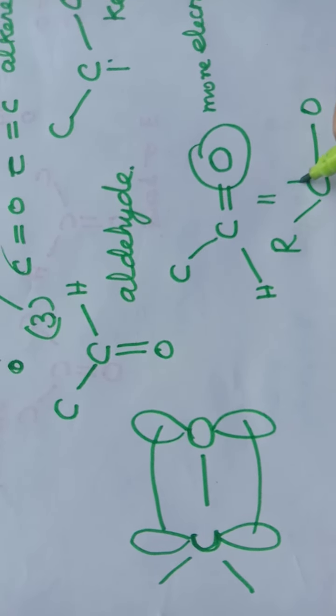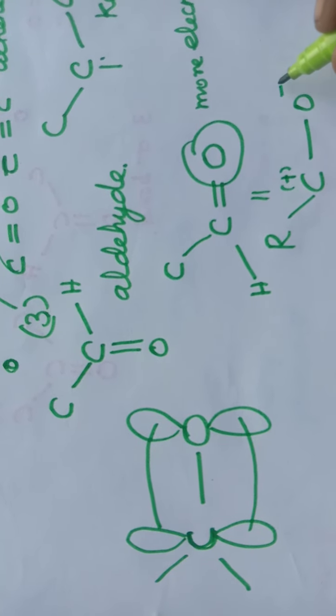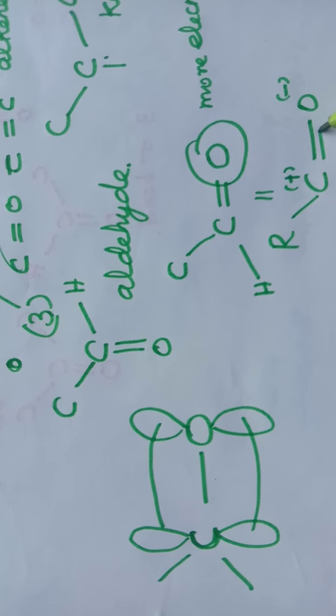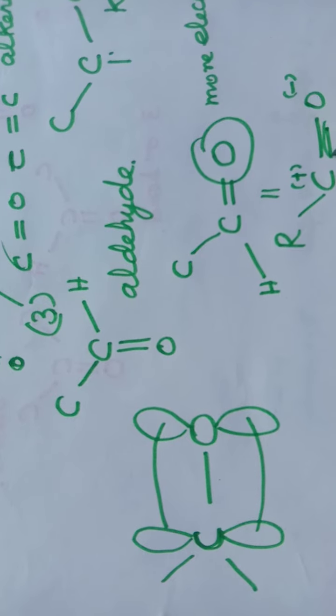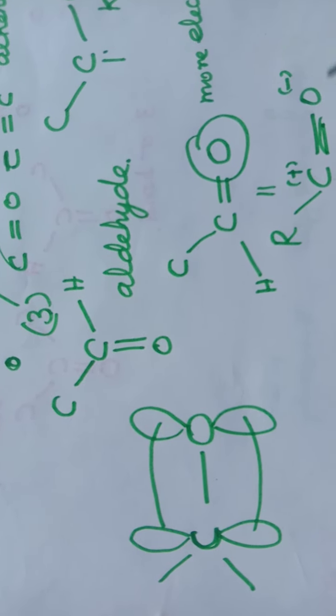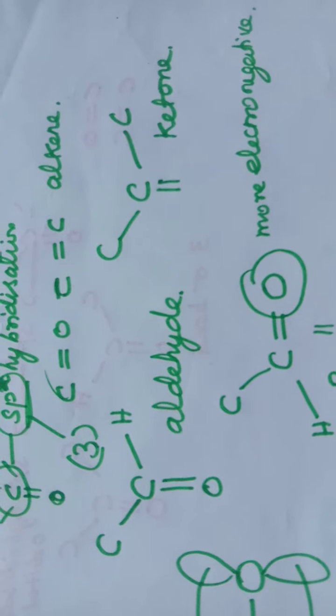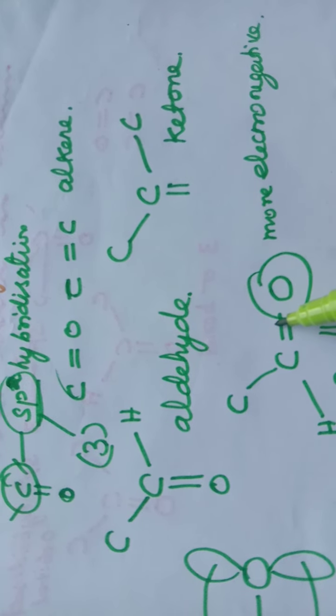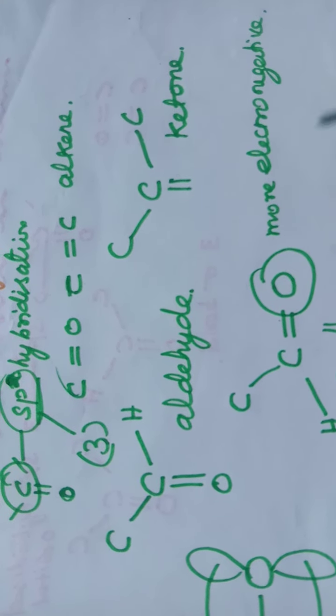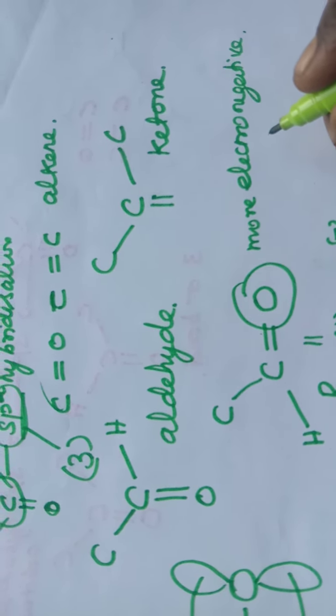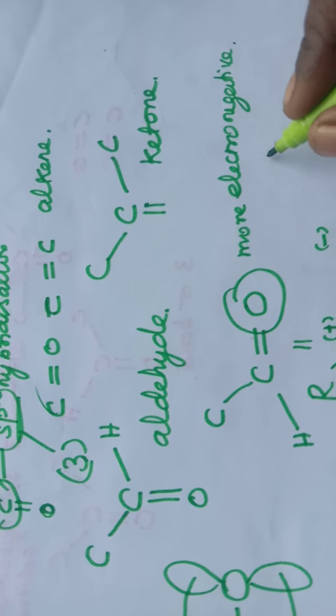This carbon carries the positive charge and the oxygen carries the negative charge, because the electrons are attracted towards the oxygen atom. So it attracts the shared pair of electrons towards itself. So the bond becomes a polar bond.